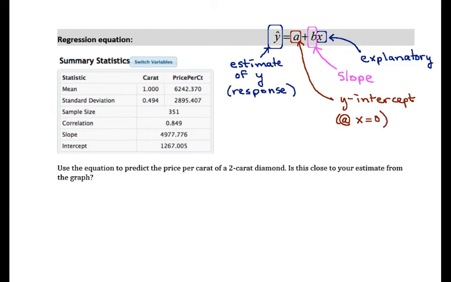One thing that is a little bit difficult for people who are familiar with algebra when they come over to statistics is that the formula you would have seen in algebra was y equals mx plus b, where m was the slope and b was the y-intercept. Now, not only do we have different letters, but one of the letters is the same, and it's being used for the other constant, right?